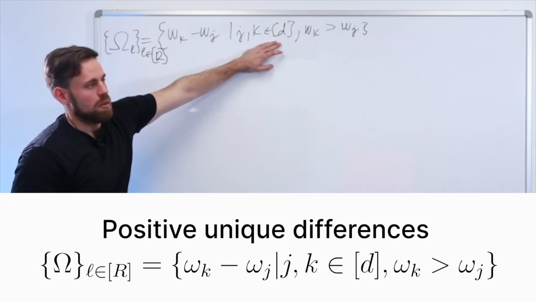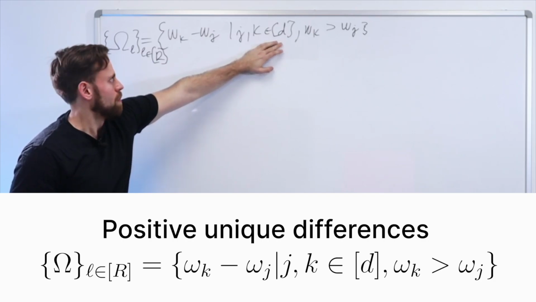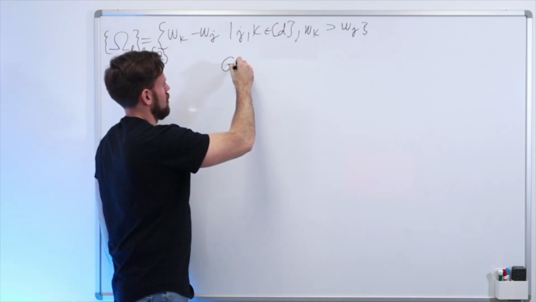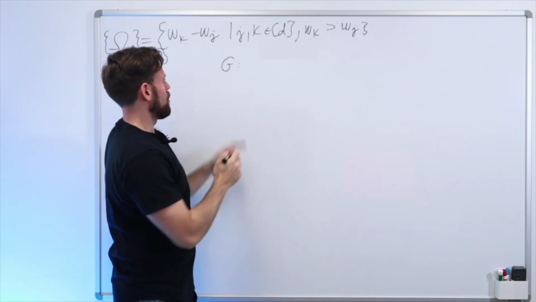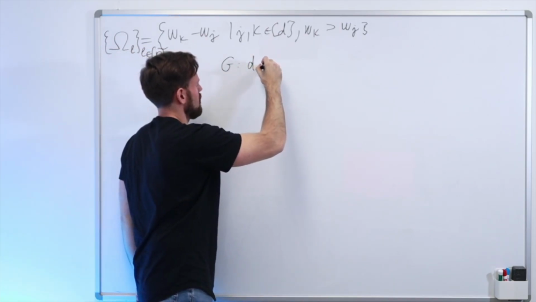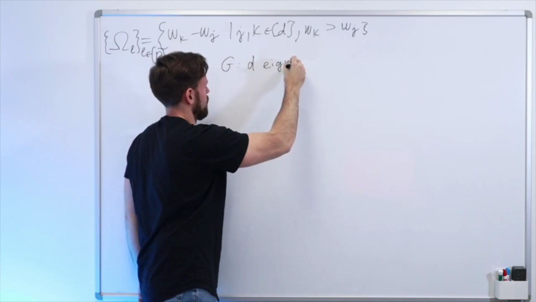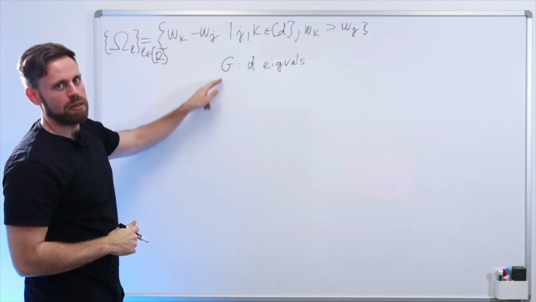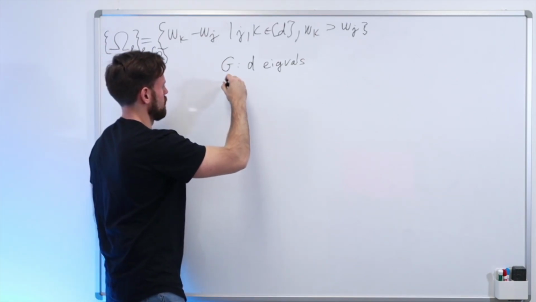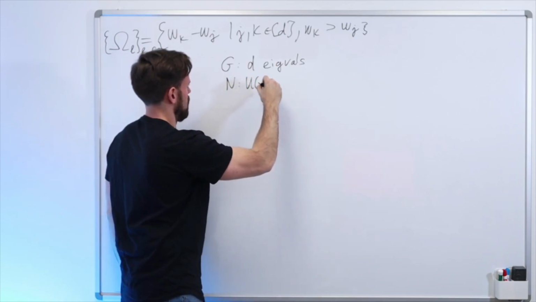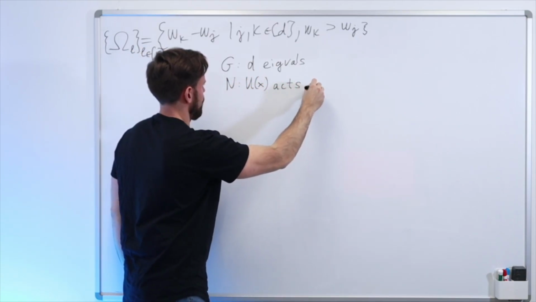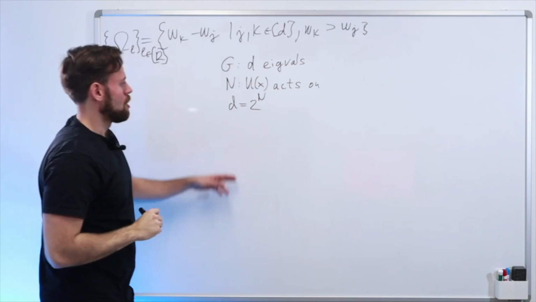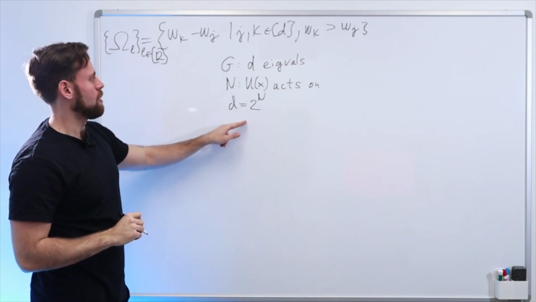At this point, take note of the magnitude of D. D, let's remind ourselves, was the number of eigenvalues that the generator G had. So G has D eigenvalues. Well, if our unitary Ux, which G generates, acts on n qubits, then D is going to be equal to 2 to the power of n. So we will have exponentially many eigenvalues for this generator.